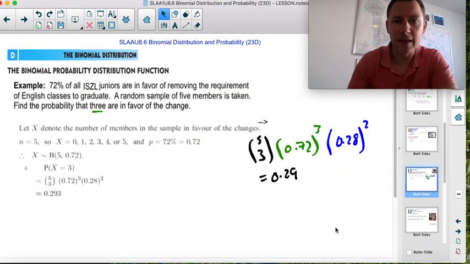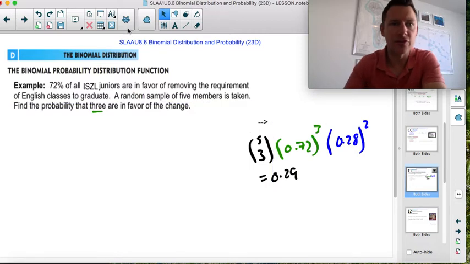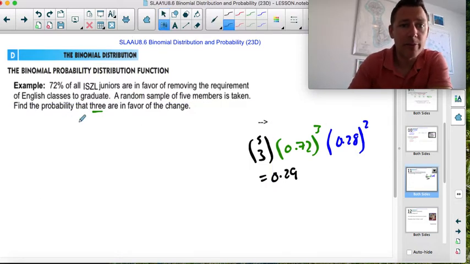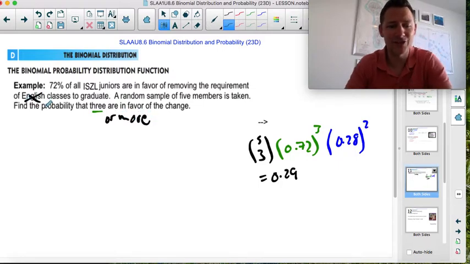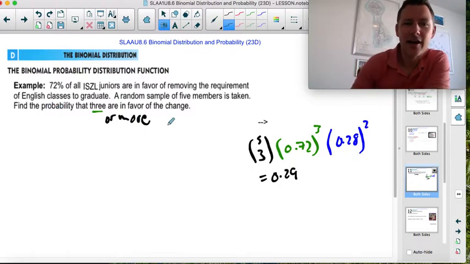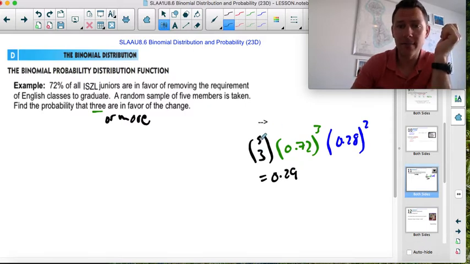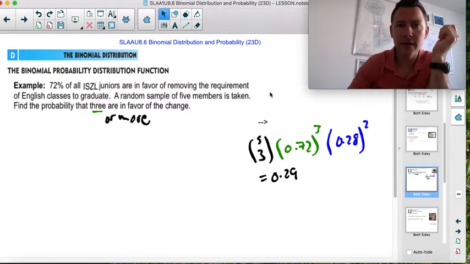If you were doing the same thing, and you said, let's just modify it a little bit, find the probability that 3 or more, right? Because if I want this bill to pass, 3's cool, 4's cool, 5's cool. So you could either do this 3 times.